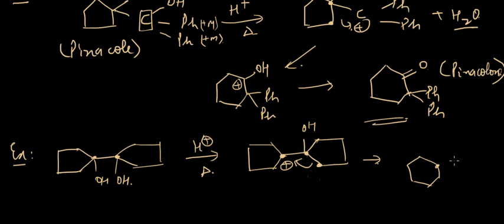So on this carbon will be attached a cyclopentane ring, and on the adjacent carbon we'll be having positive charge attached with OH.